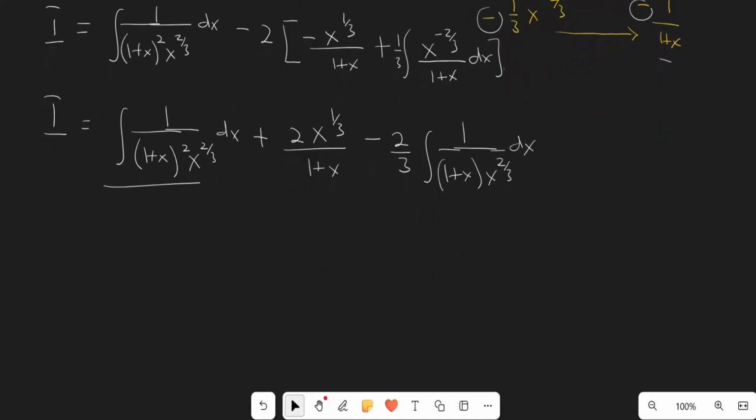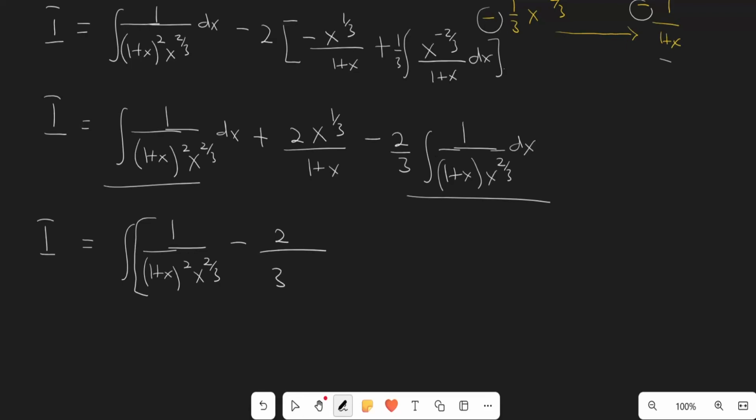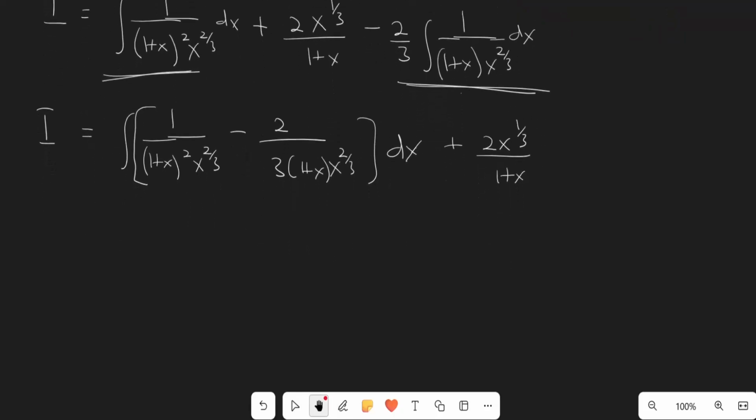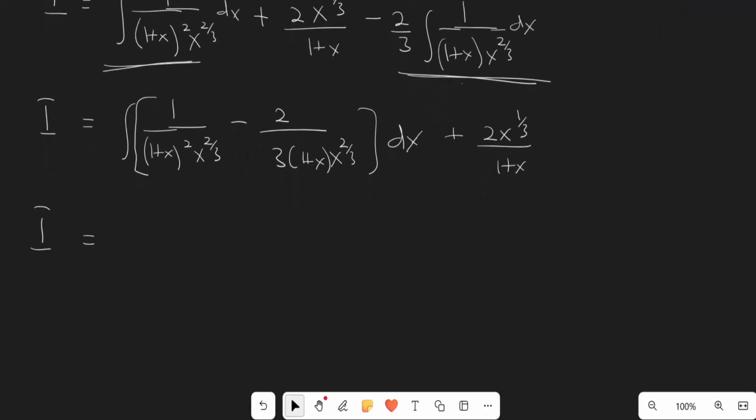We are now going to combine these integrals and try to simplify them out. So I is going to be the integral of 1 over (1 plus x) squared times x to the power 2/3, minus 2/3 times 1 over (1 plus x) times x to the power 2/3, combining these two integrals into one, and then plus 2x to the power 1/3 over 1 plus x. We can simplify this.